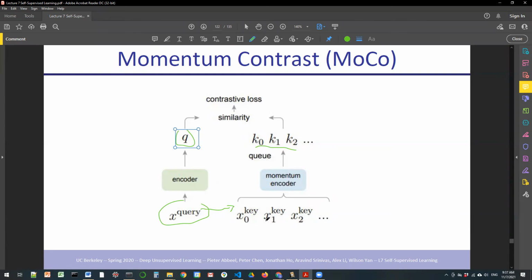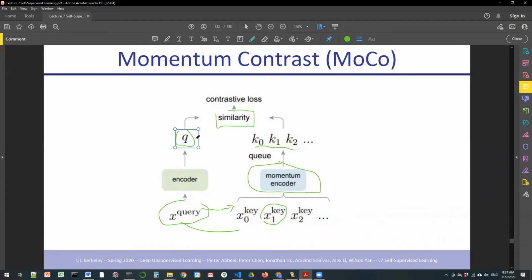The keys that are there, one of them is the augmentation of the X. A lot of the others are negatives, and there is quite a bit of discussion we'll have about how we choose the negatives and so on. And we'll discuss what this momentum encoder is or isn't and how helpful it is.